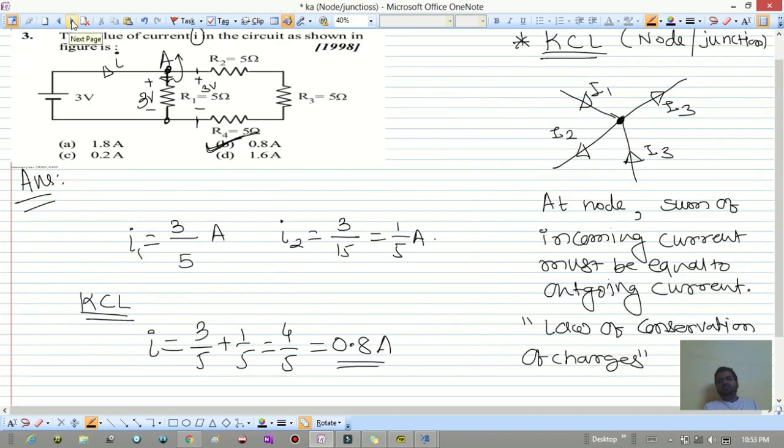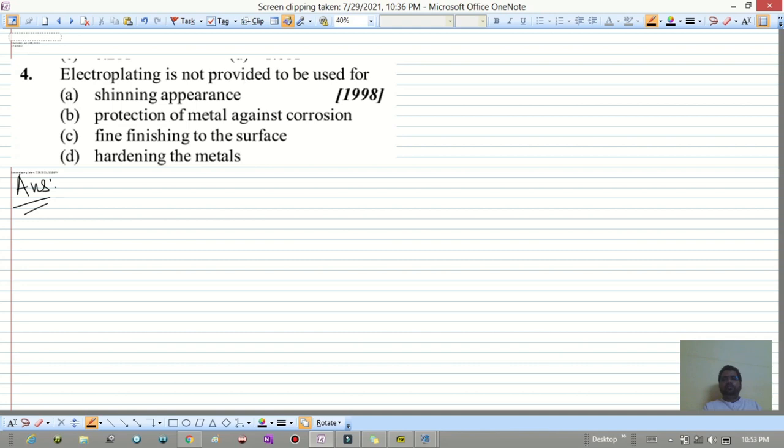Now the next problem, the fourth one. Electroplating is not provided to be used for: shining appearance, protection of metal against corrosion, fine finishing to the surface, hardening the metals.